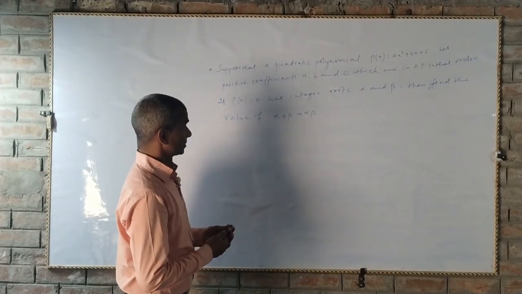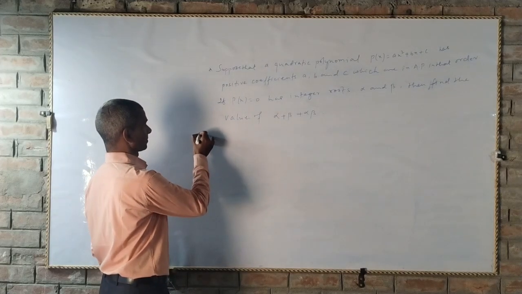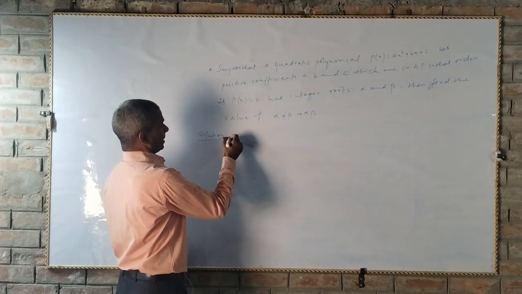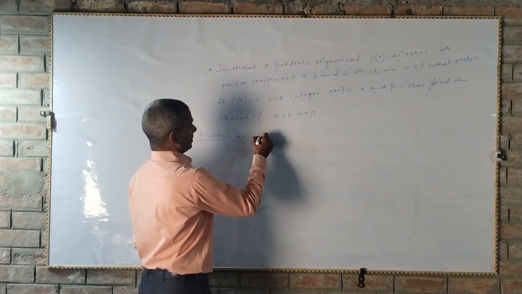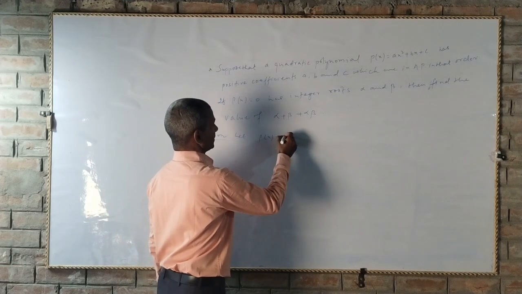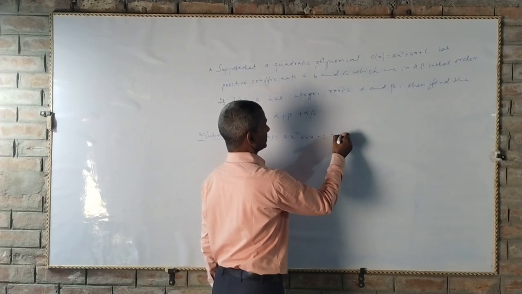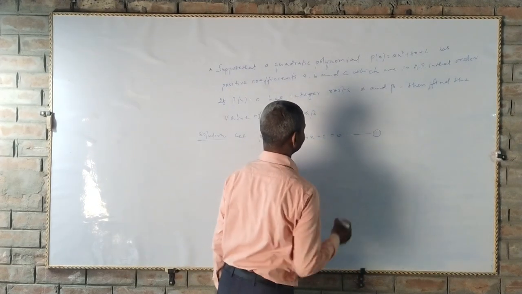Now come to the solution part. Solution. Let p of x is equal to ax square plus bx plus c is equal to 0. Call this equation number 1.